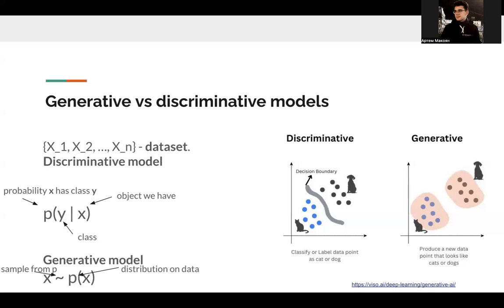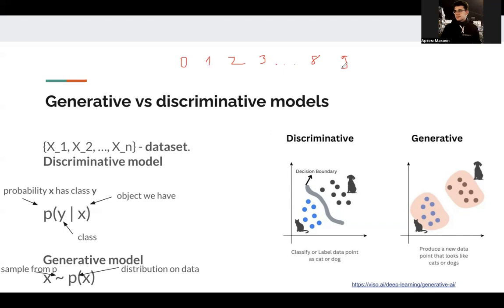Let's say some words about what a distribution is. We have some objects. Let's take digits from 0 to 9, so 9 objects, and this is, for example, our data set.